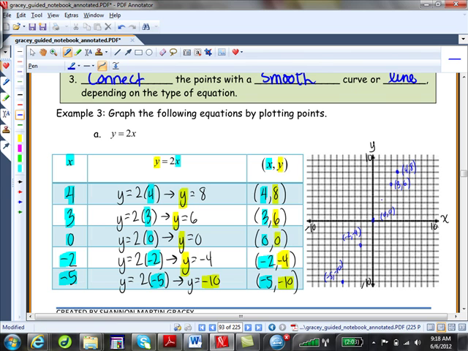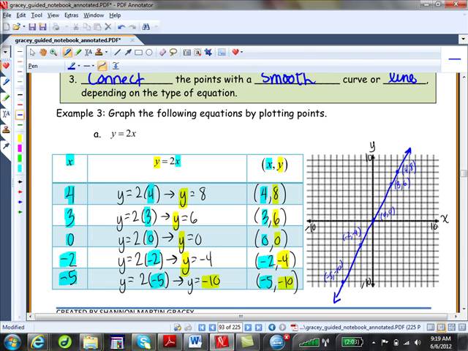If I use a straight edge, I'm going off kilter a little bit there. There we go. And we'll put our arrows at the end to show it goes on forever, and we're good to go.